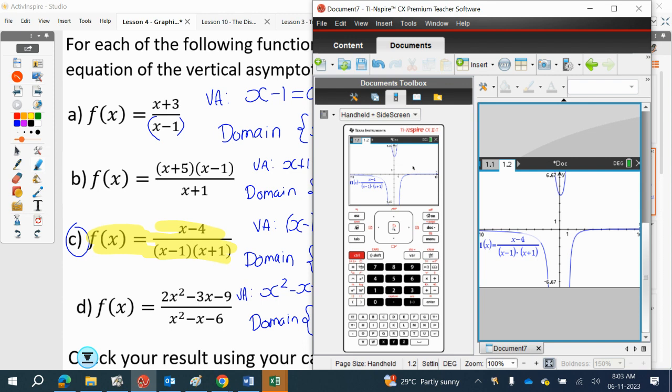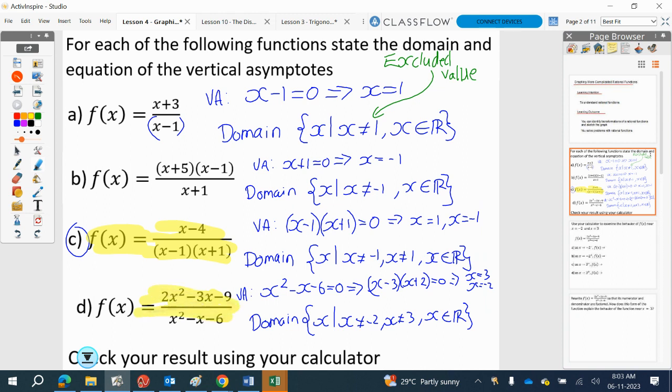Okay, let's have a look at D now. We're expecting two asymptotes on this one.